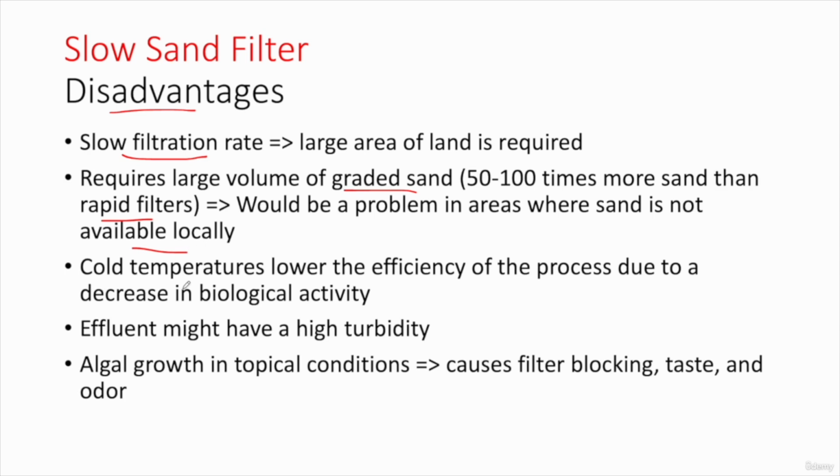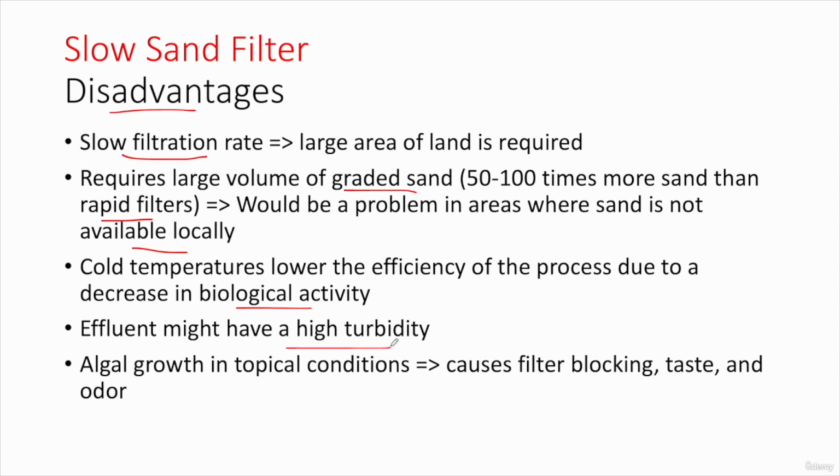Also, cold temperatures lower the efficiency of the process due to a decrease in biological activity. Okay, so when we are working in freezing temperatures, this might block the biological activity and the activity of the Schmutzdecke layer. Also, the effluent might have a high turbidity.